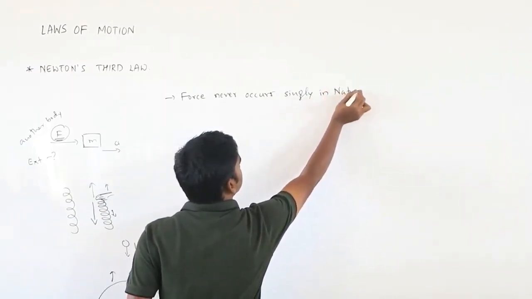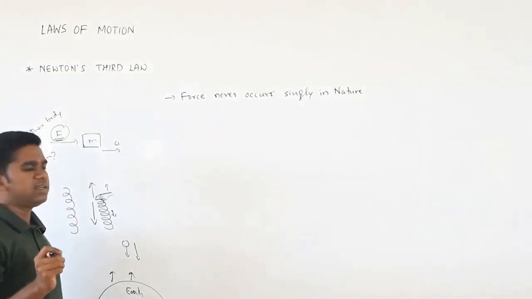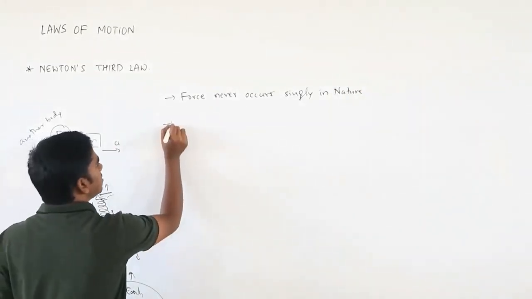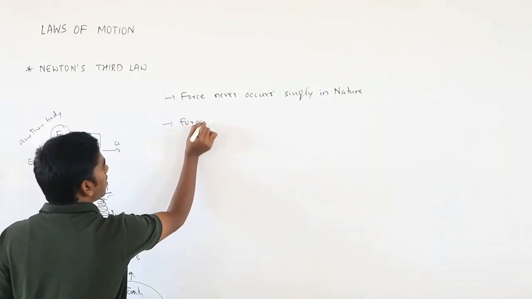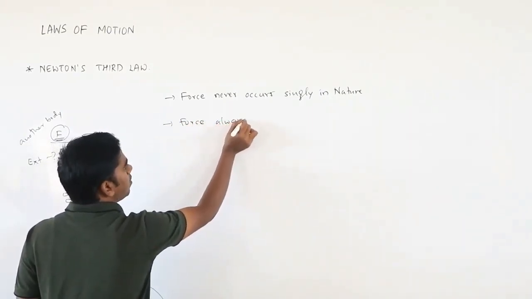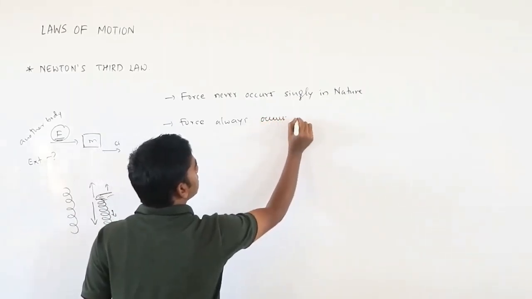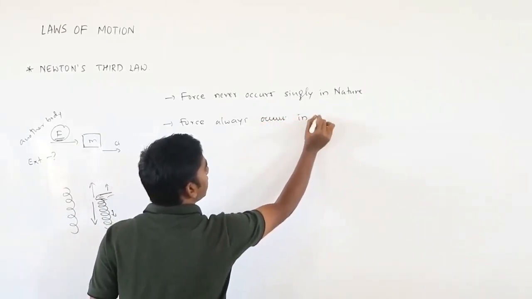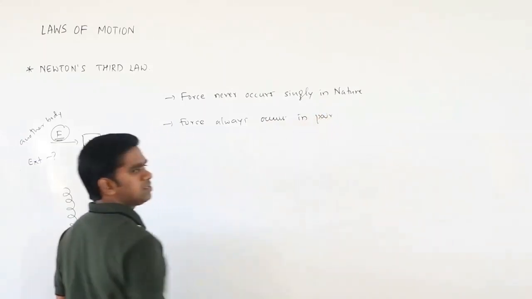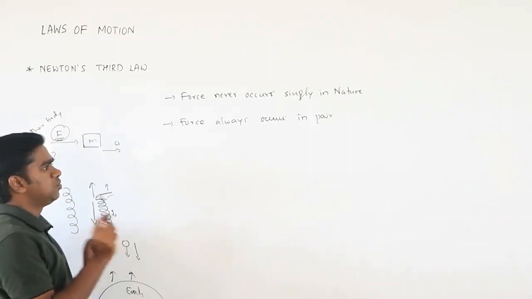So what is suggested? The force never occurs singly in nature. Then how does it occur? Force always occurs in pairs. That means it always occurs as two forces.